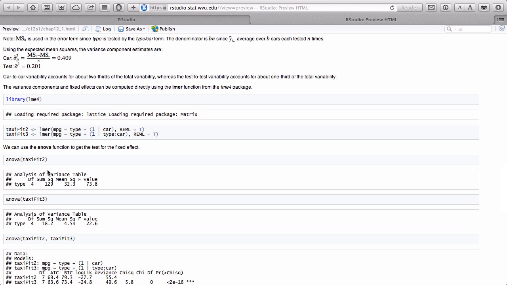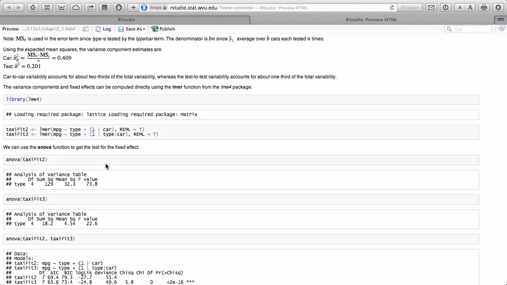The variance components, I ran these two models based upon lme4, which stands for linear mixed effects, and the 4 means using S4 classes. In other words, it's a modern version of linear mixed models. But he does it quite differently. I fit 2 models. One is I just nested car, and this is the way you specify a random effect.